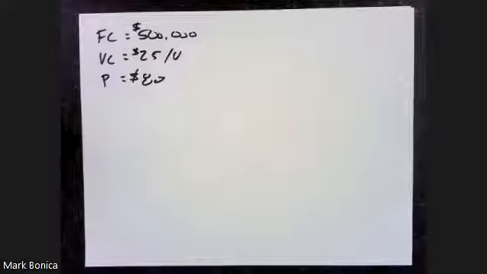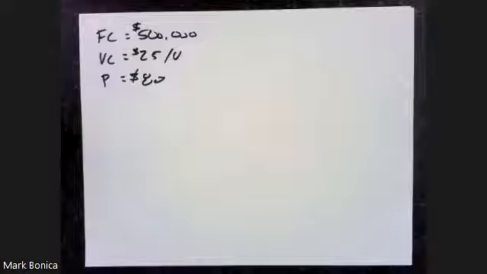All right, let's start with the total cost function. Total cost, right? Total cost is equal to fixed cost plus total variable cost. And total variable cost is equal to variable cost times volume.